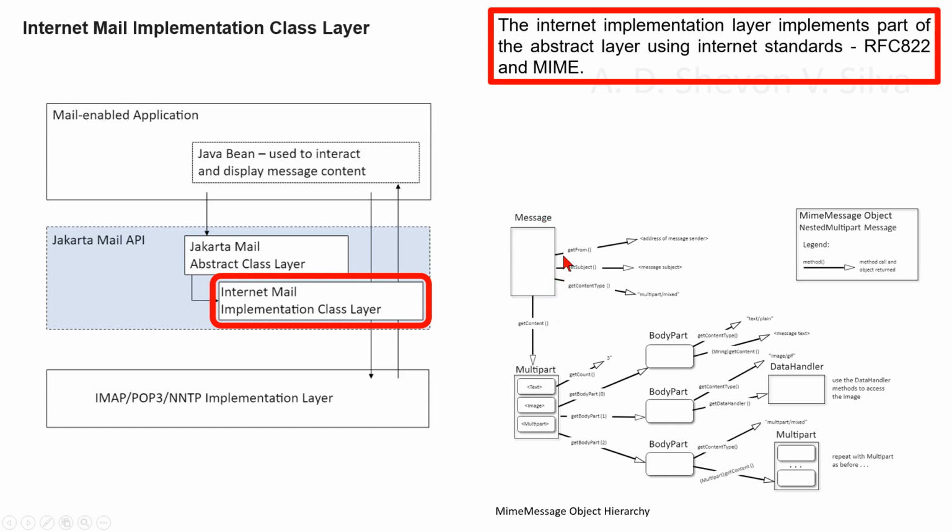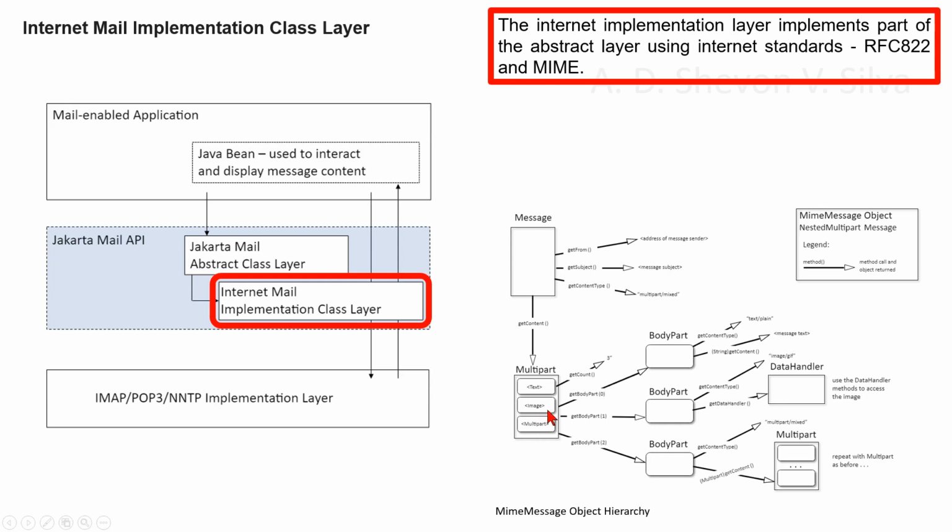The getFrom method returns the address of the message sender. The getSubject method returns the message subject. The getContentType method returns, for example, multipart/mixed. In message, the getContent method returns a multipart. Multipart consists of text, image, multipart.